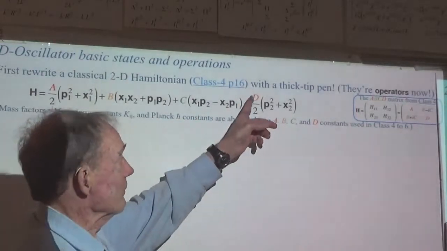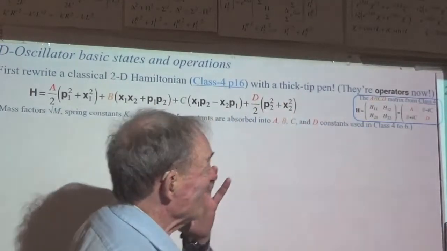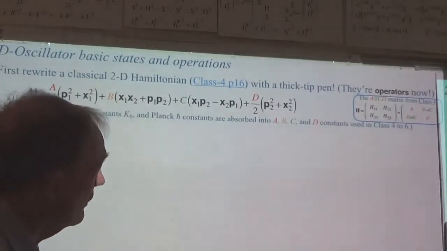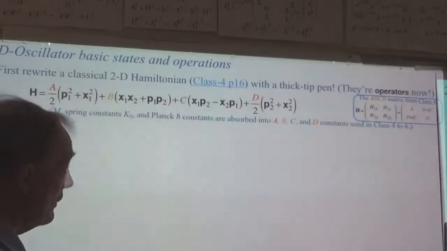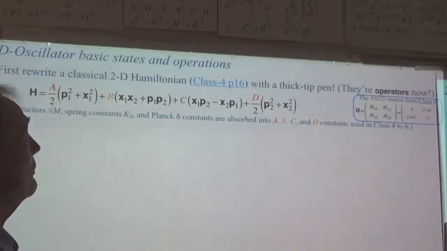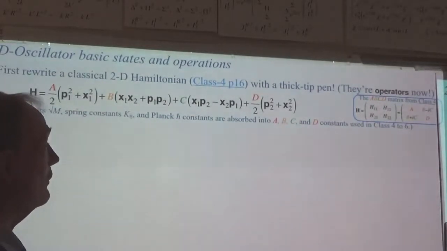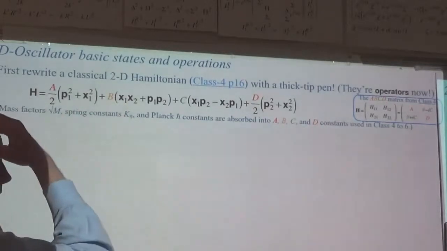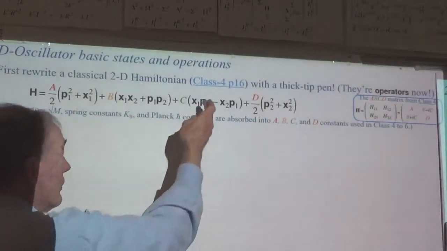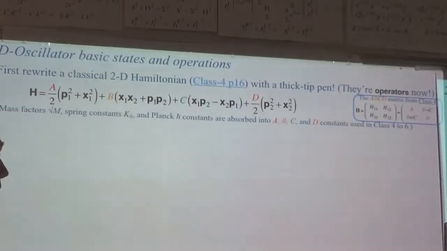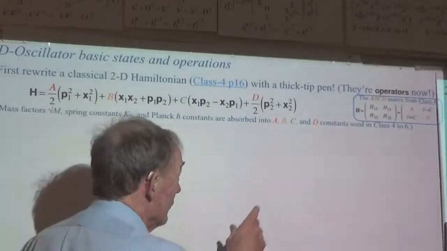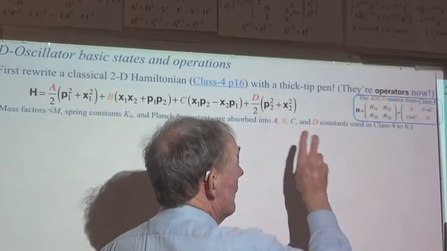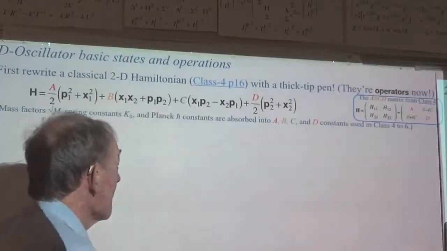And the idea, as I say, of class 7 was that the thick tip pen trick is at work here too. This is the same equation that's written when we did the classical study, but it's thicker now because we're really working with operators of position and momentum in two dimensions.